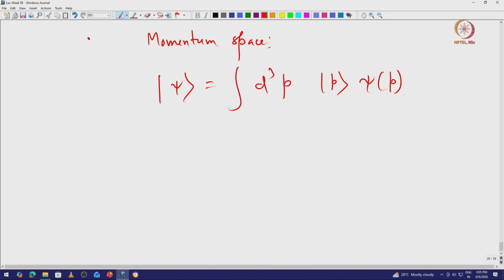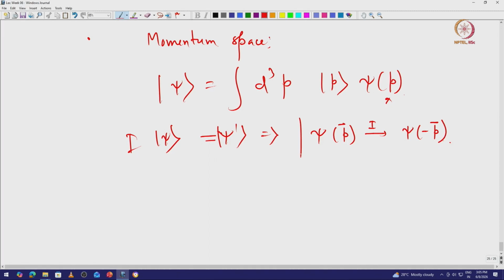If you follow the same procedure, inversion acting on momentum will give you minus momentum, and what you will find is that the wave function under inversion changes to the wave function localized at minus p.